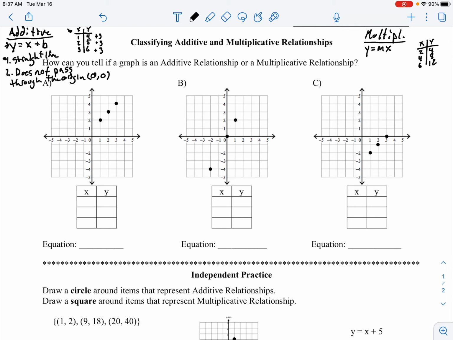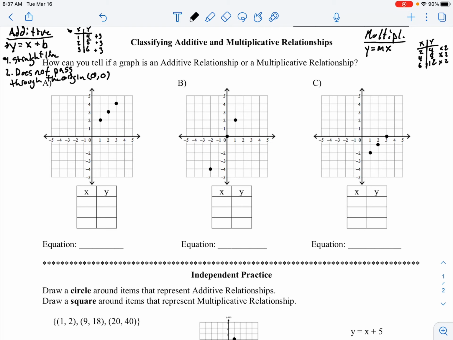So if we are multiplying by the same amount each time, then it is a multiplicative relationship. So we get from 2 to 4 by timesing by 2. We get from 4 to 8 by timesing by 2. And we get from 6 to 12, you guessed it, timesing by 2. So this would be a multiplicative relationship based on this table.